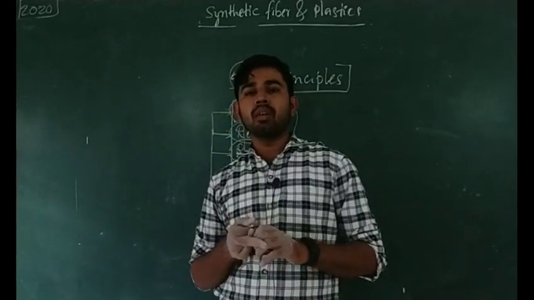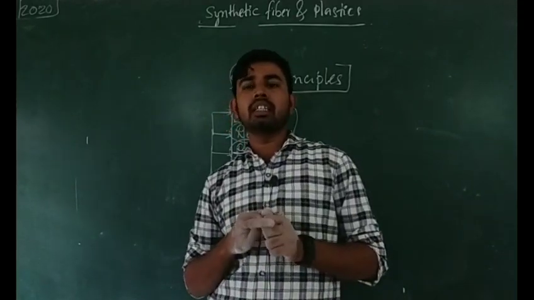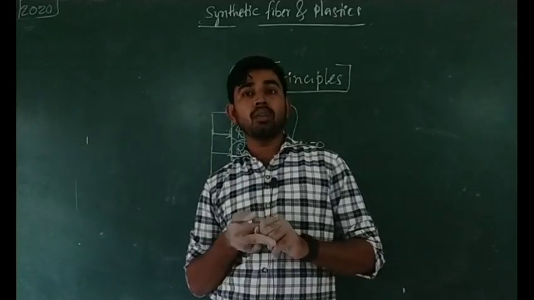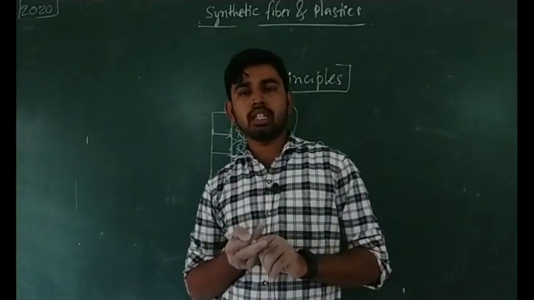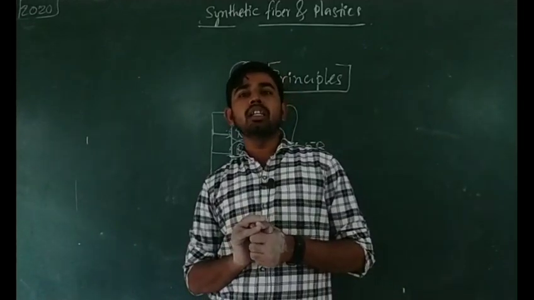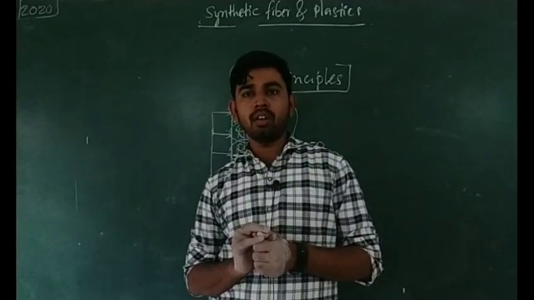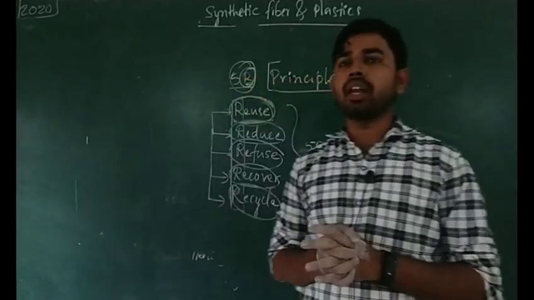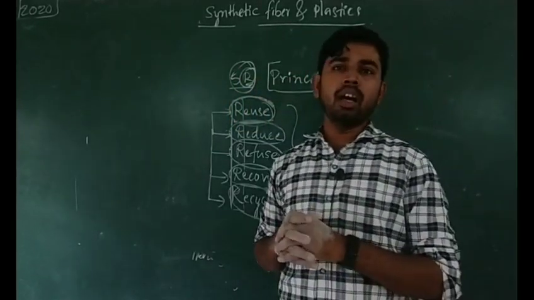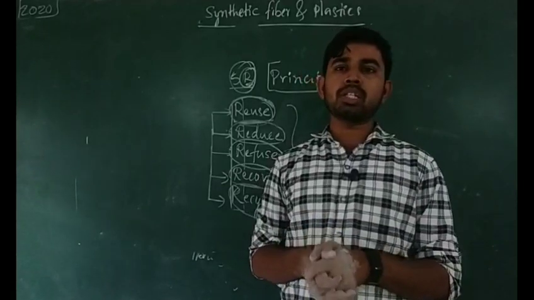Then we discussed the characteristics of synthetic fiber, and its advantages and disadvantages. After that we discussed plastic, the kinds of plastic, the characteristics and properties of plastic, the impact of plastic on the environment, and how we can save the environment from plastic pollution.